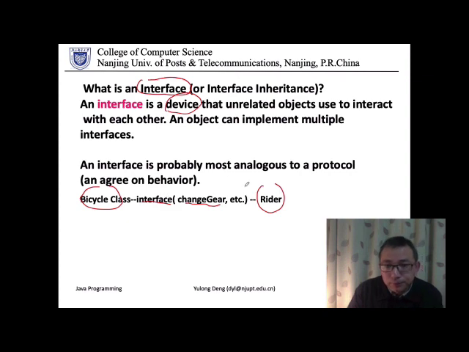And the rider doesn't know how these methods are implemented inside the bicycle, but it could use them. So use interface as a device to interact with each other. This is important for us, so we can use this to build a connection between different objects. This is one of the ideas.